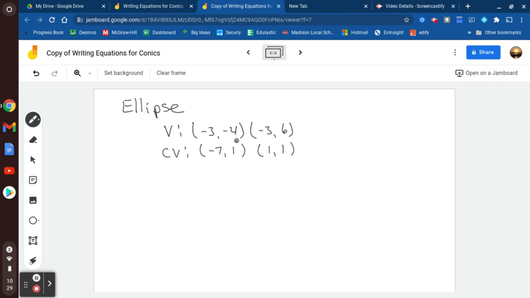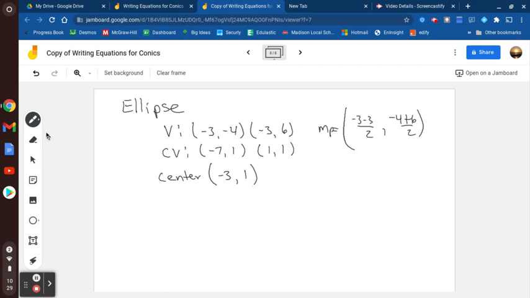So I'm going to take that first pair: -3 minus 3 divided by 2, and -4 plus 6 divided by 2. So the center is -3, 1. Are we okay with that?